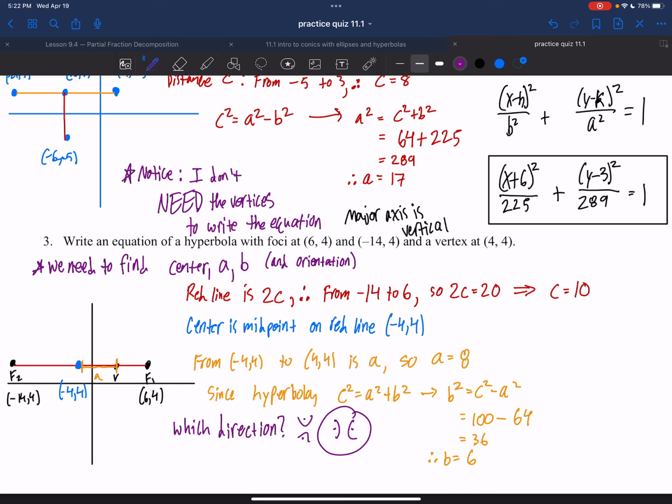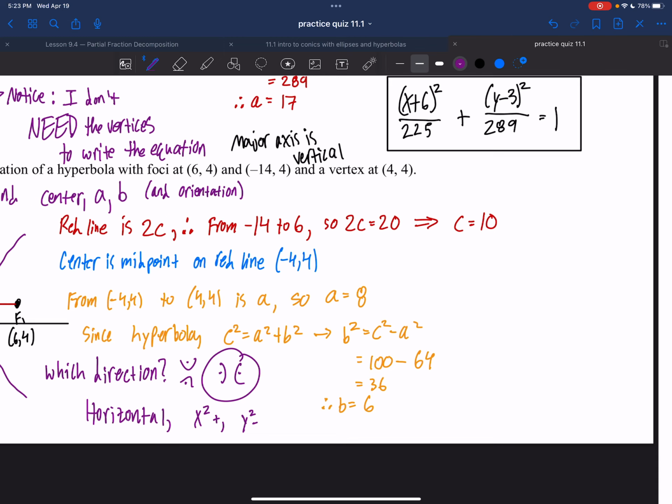So your curve might look something like this, and there's going to be another one kind of like that. I'm just sketching it, it doesn't need to be super accurate. So it will be horizontal, so x squared is positive and y squared is negative.